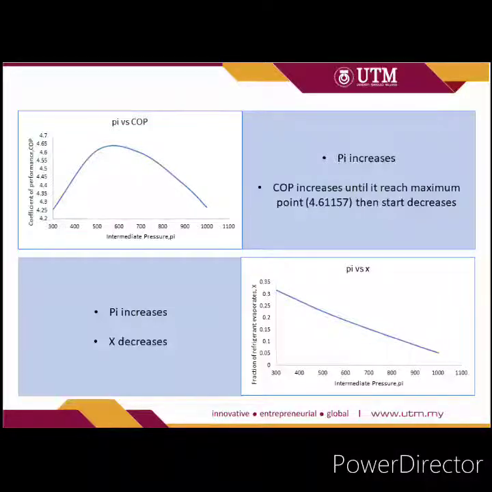This is due to the combined effect of the refrigerating effect and total work compressor. And lastly, we go to the last graph, which is intermediate pressure versus fraction of refrigerant evaporate. As we increase the intermediate pressure from 300 to 1000 kilopascal, the fraction of refrigerant evaporated decreases.